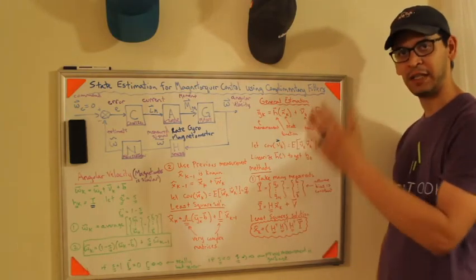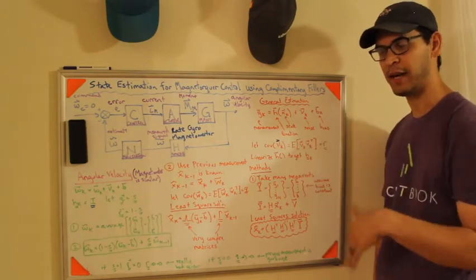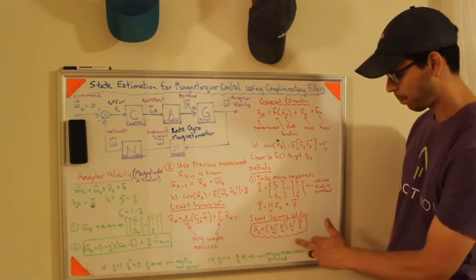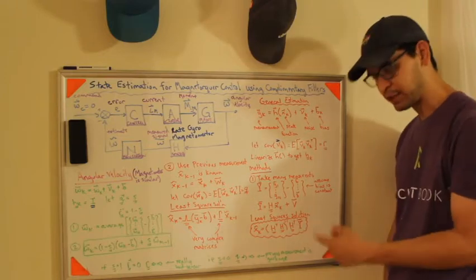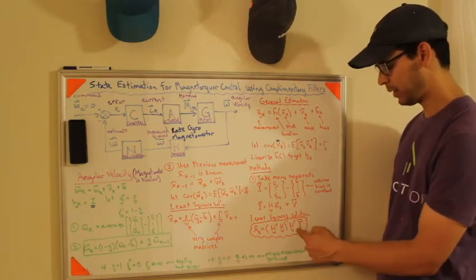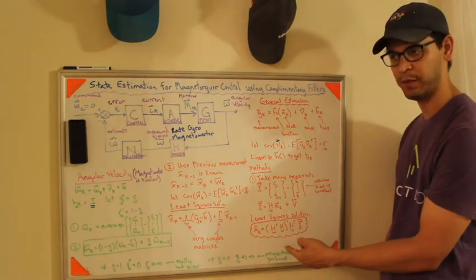N inverse, because N is a scalar now, is just 1 divided by N. So it's 1 divided by the total number of measurements. H transpose Y is all of the measurements added up. So basically this is all of the measurements added up divided by the total number of measurements.